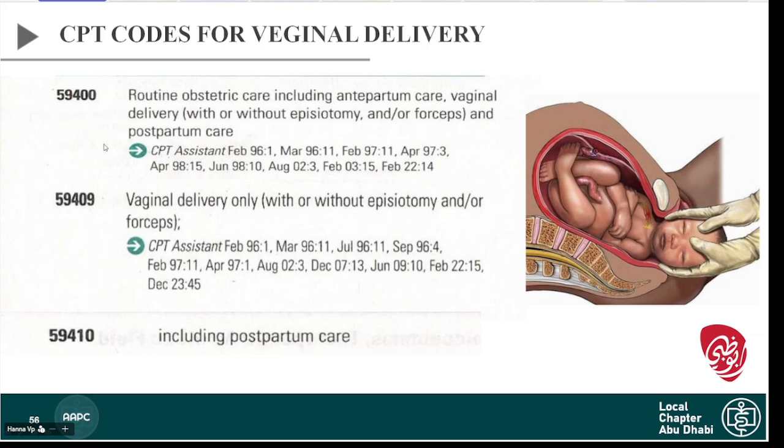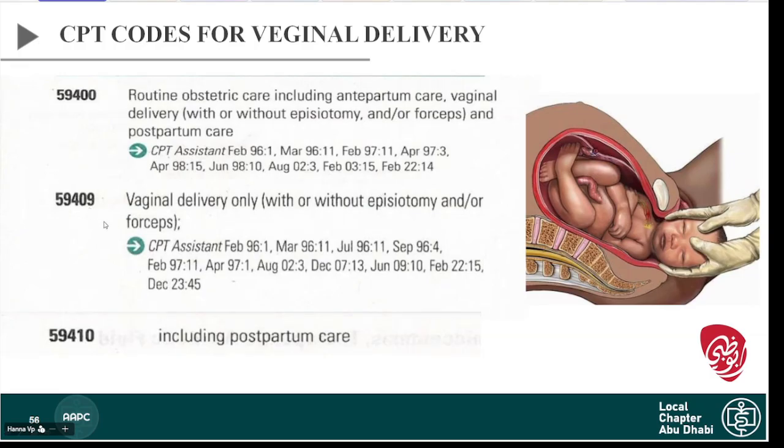And can you see the second code? 59409, guys. What is this? It indicates vaginal delivery only. That means the doctor is assisting the delivery only, not the antepartum care or postpartum care. So if only the vaginal delivery service is taken from the doctor, this is the code you should give, 59409.